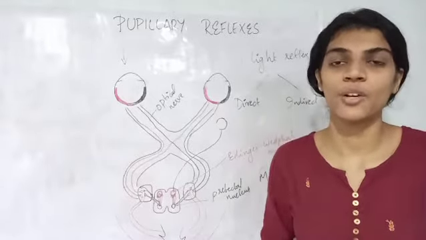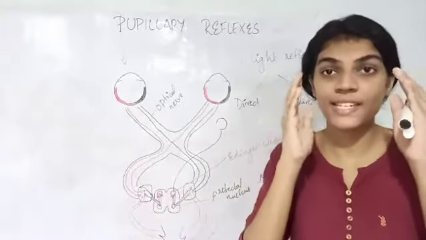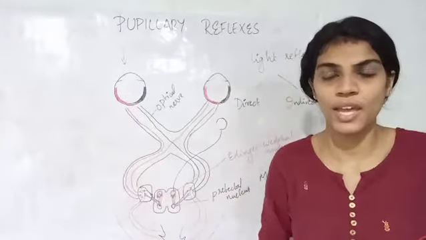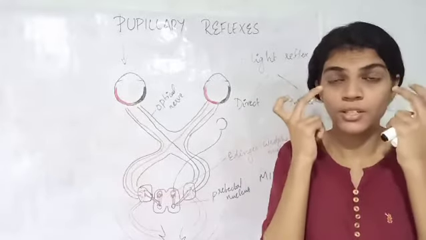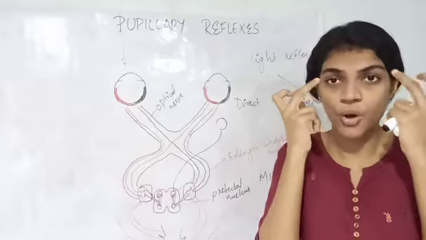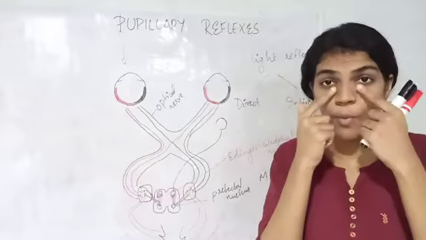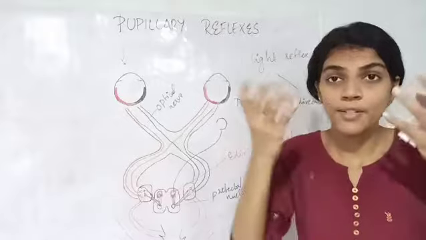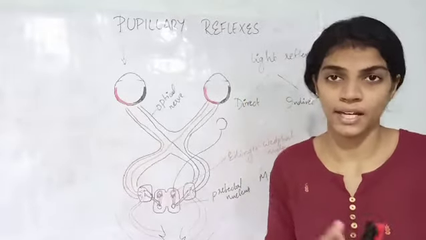What is ciliary ganglion? Ciliary ganglion is a structure present just behind the eye, just behind the eyeball in the orbit. You know that the orbit is the socket into which the eyeball is inserted. In the posterior orbit, just behind the eyeball, you can see the ciliary ganglion.